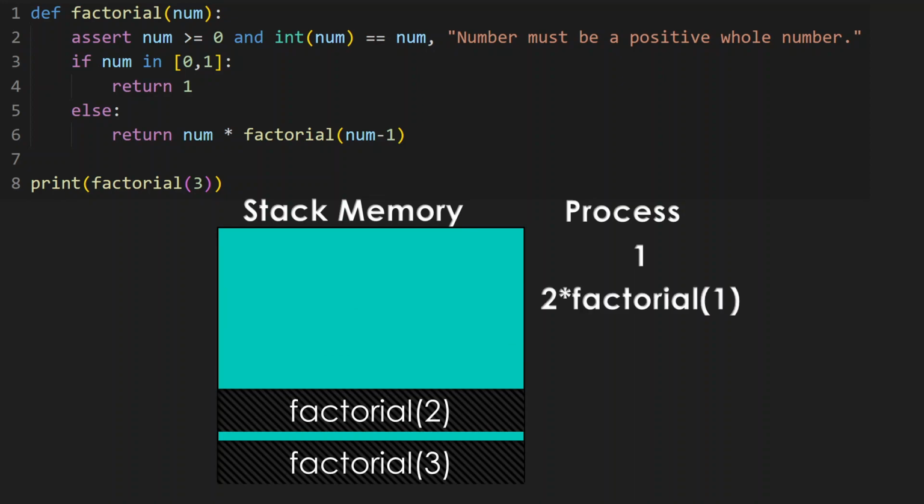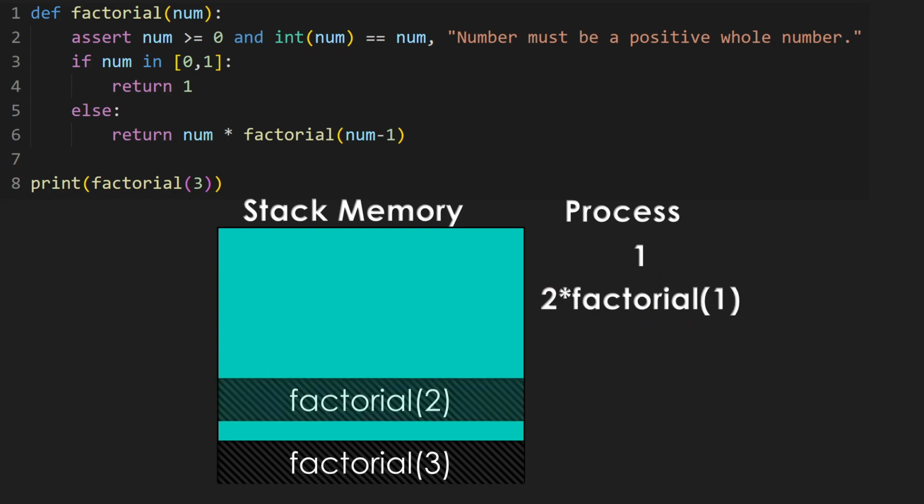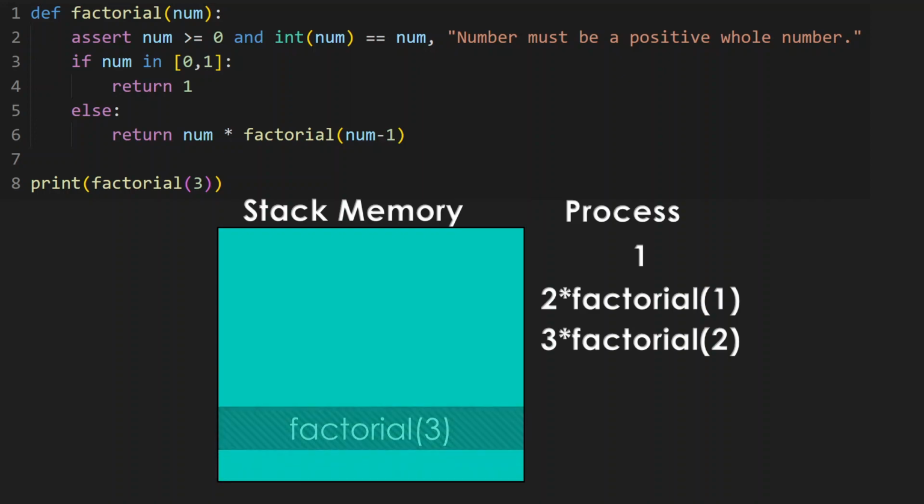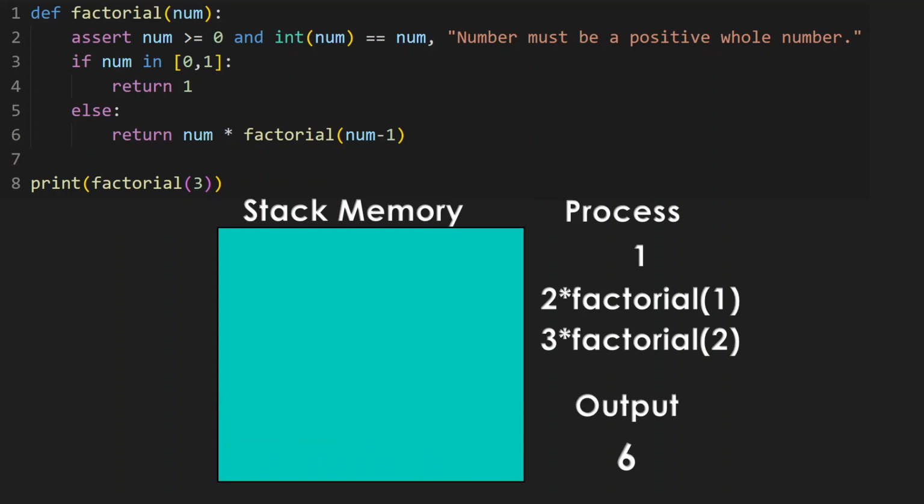Then factorial 2 is going to calculate the factorial of 2. Then we get it out of that memory stack. Then we calculate factorial 3 and remove it. And now we have the answer, which is 6, because we are simply multiplying 1 by 2 by 3 at each process as we remove those items from the stack memory.